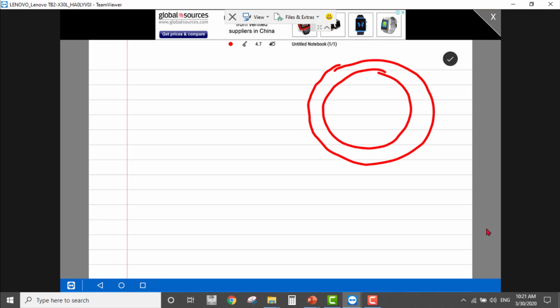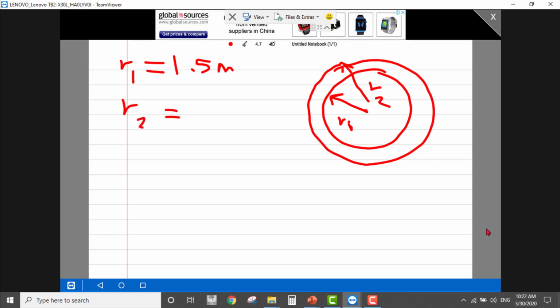Okay, so here is R in, and here we have R out. Or we can name it R1 and R2, where R1 equals 1.5 meter and R2 equals, in the question, the thickness of this spherical geometry is 2 centimeter.